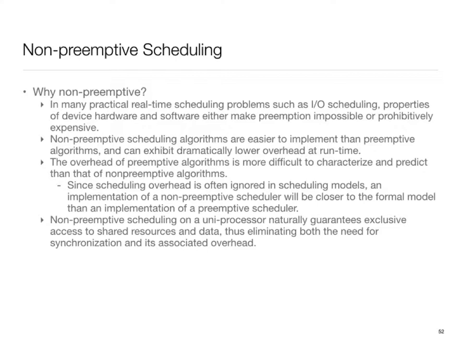Now, there are many situations where non-preemptive scheduling is very natural. Non-preemption is very common in communication systems. Thus far we've been talking in terms of CPUs and computation tasks, but let's say my tasks were sending packets over a radio or over Ethernet.